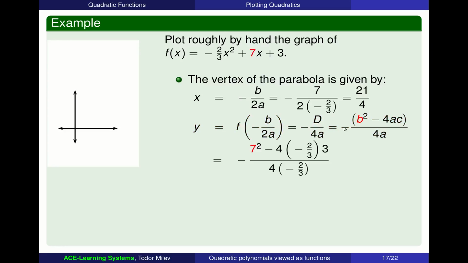In this slide, let's use the shortcut formula. We know that we're getting minus b squared minus 4ac over 4a, and here b is 7, a is negative 2/3, and c is 3. So that's what we get.